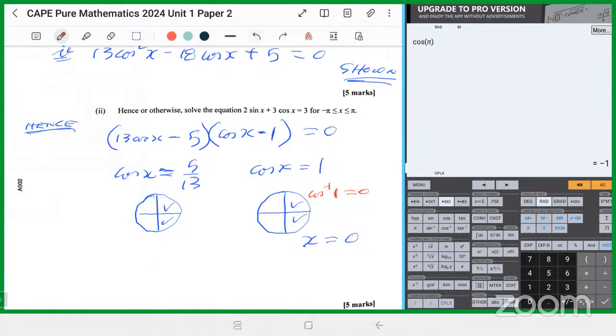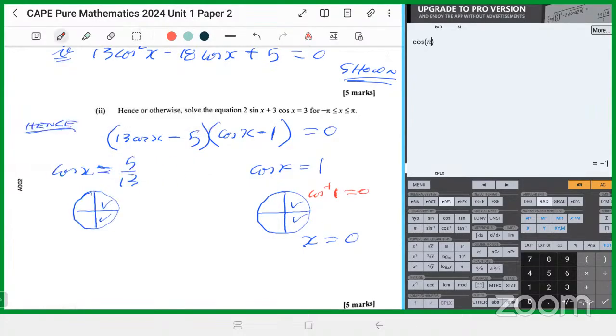And then for this one here, I'm going to shift this over. Our alpha becomes cos to the minus 1 of 5 over 13, which works out to be 1.18 radians.